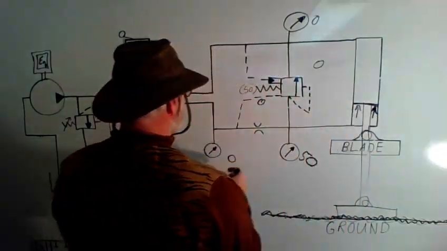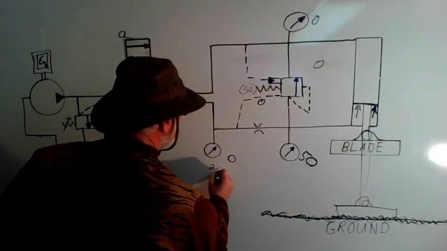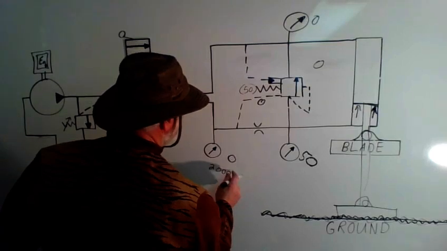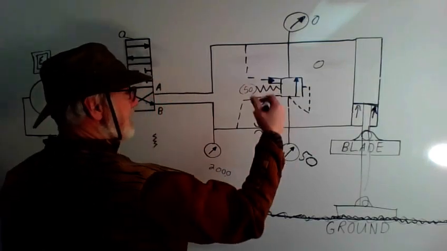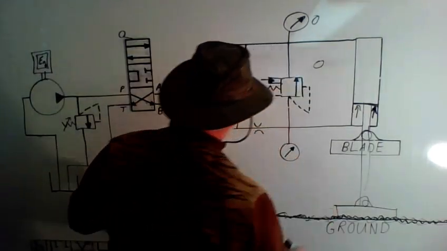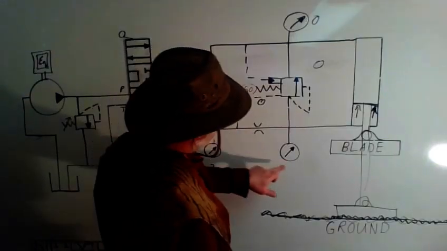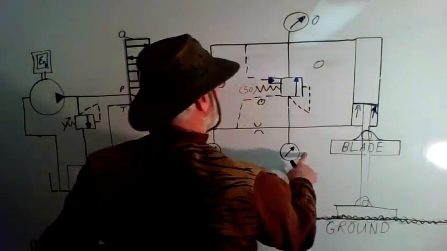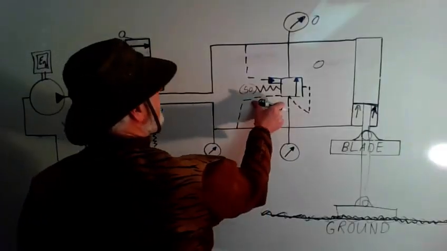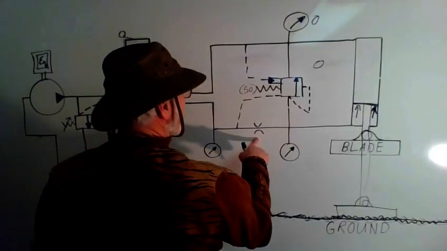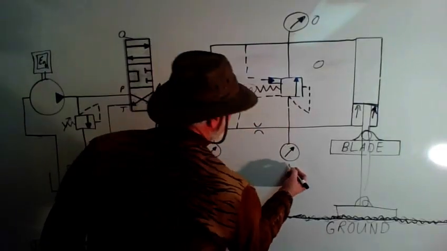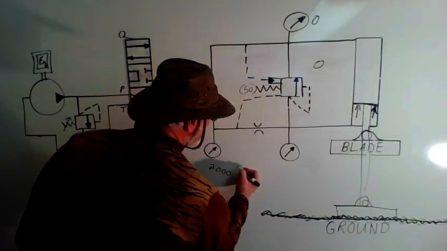is whatever force I need to create there, say it's back to my 2000 psi to hold that blade up in the air. Well then I'm definitely going to have 2000 psi plus the spring on this side versus the 2000 on the other side, with the understanding that every orifice creates a pressure drop, and maybe my pressure drop is 50 psi.